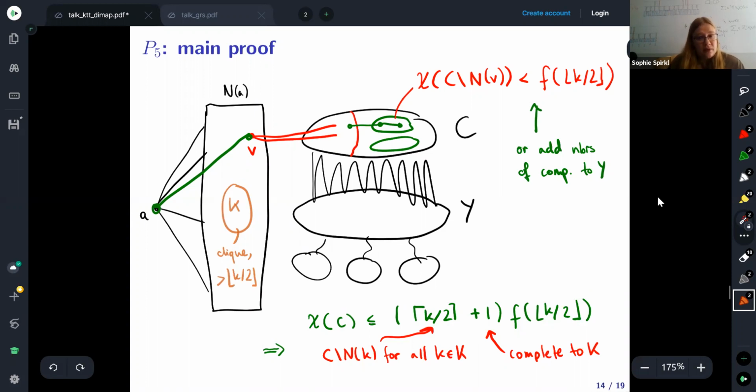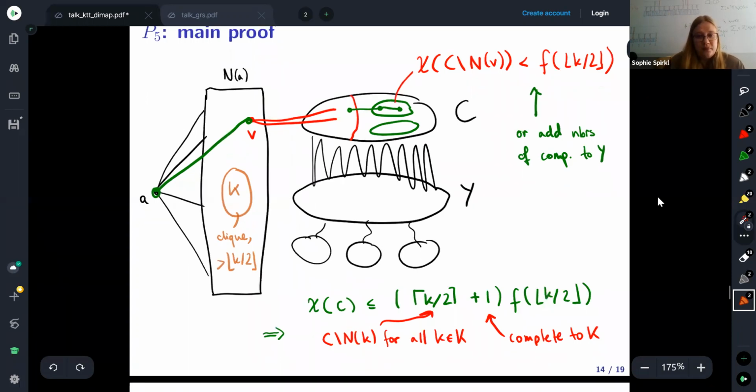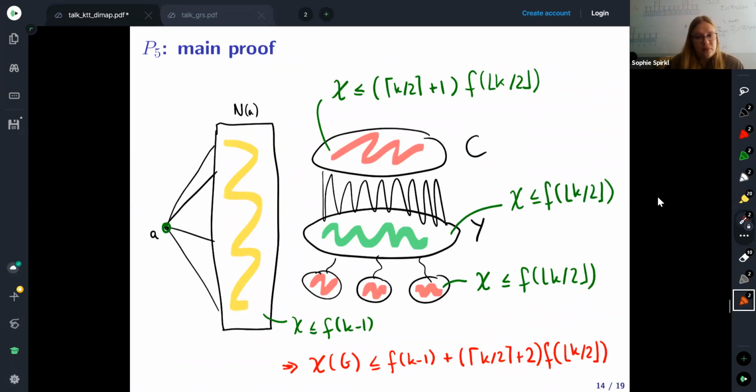So what was the point of all this? Here we can now put things together by saying: here's A, here are its neighbors. And here's the set Y that we picked to make something maximal.